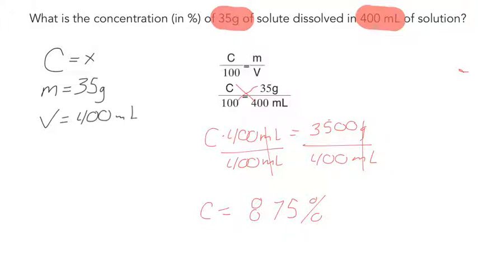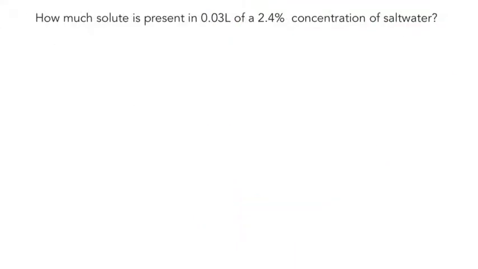In our next question, we're going to have our concentration and have to find one of our variables. How much solute is present in 0.03 liters of a 2.4% concentration of salt water? So our key numbers are 0.03 liters and 2.4%. Just like we normally do, let's write down our variables.